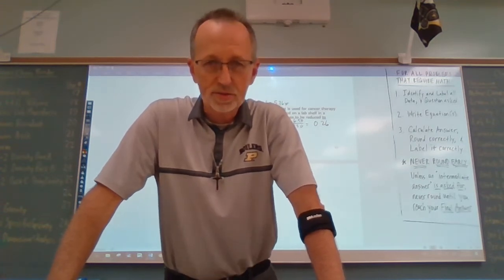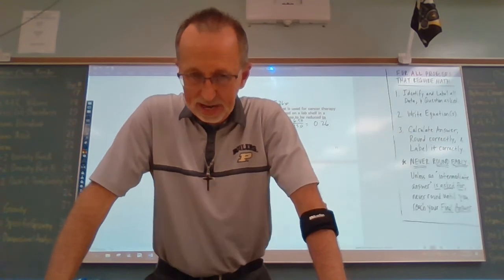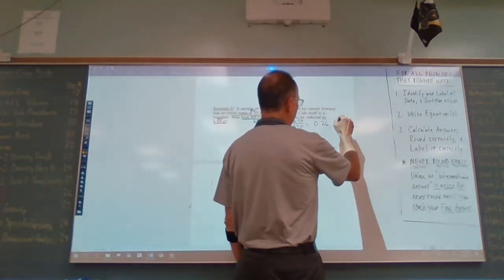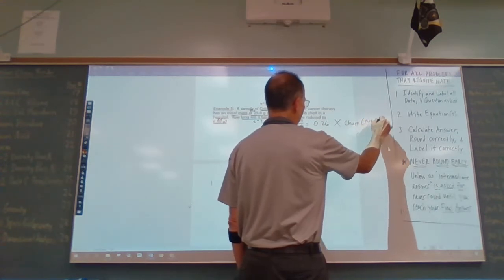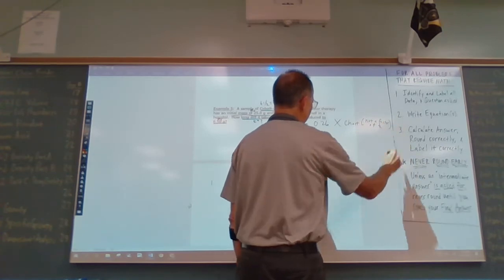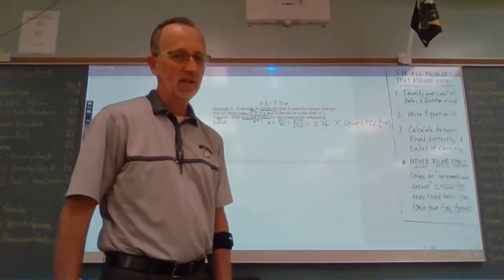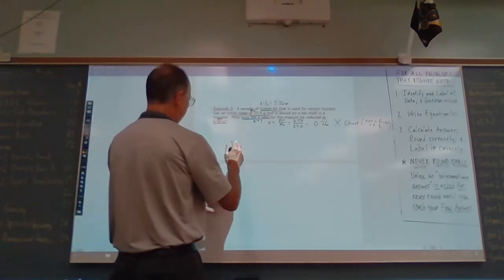But 0.26, even though it's close, is not. So we cannot chart this one. It's not a factor of 1/2. It was close, not close enough. So we're going to have to do the chart method here.